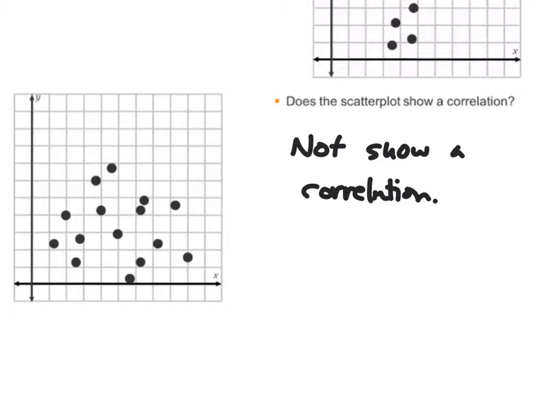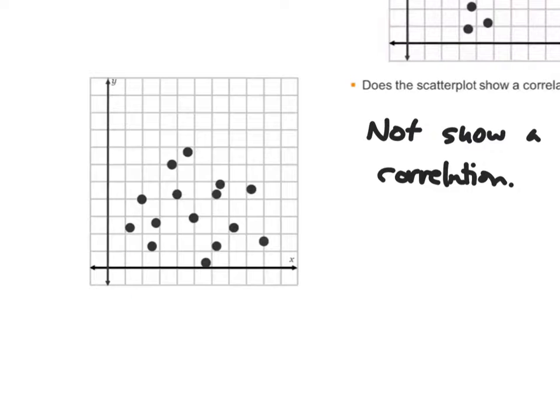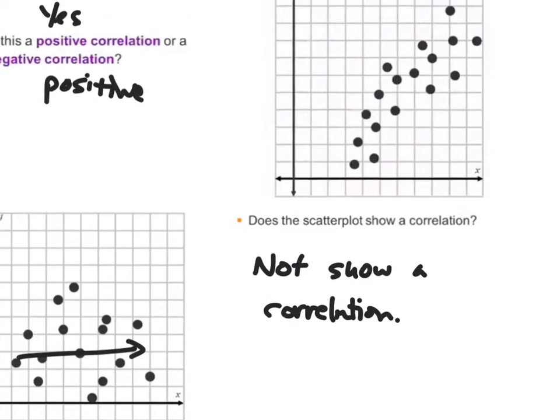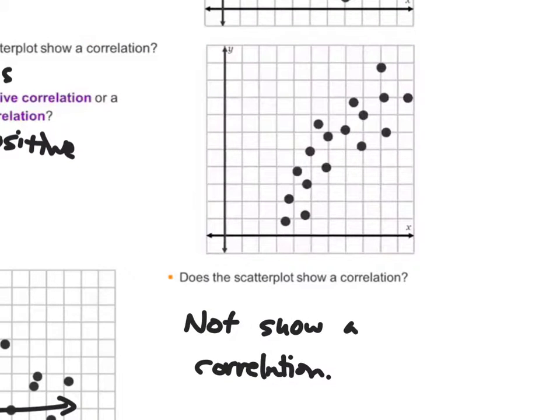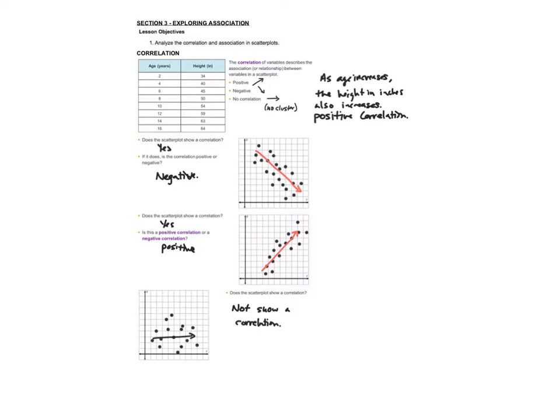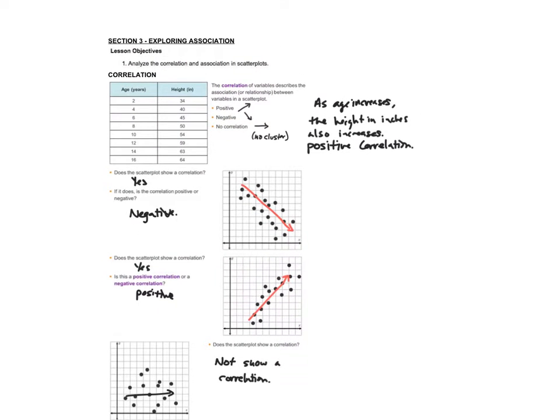All we're looking at is whether, as x increases, the y value increases. And what we see is a lot of random points just going across like that. In this one, let me draw a little trend line in here to show that these are in a positive direction. So we're just looking to see if these show any sort of correlation.